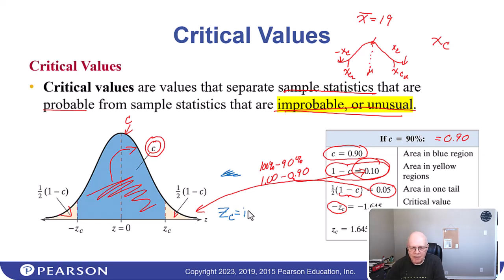To get that value, we're going to use the inverse norm function. Remember that from the last chapter. Go to second vars, which gives you the distribution menu, and this is option number 3 on that menu.